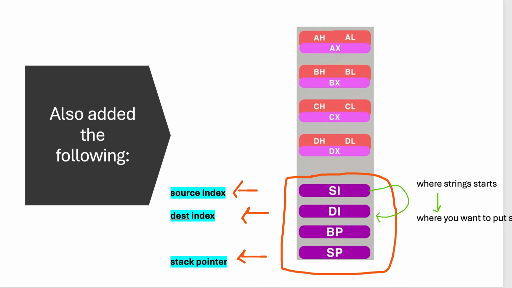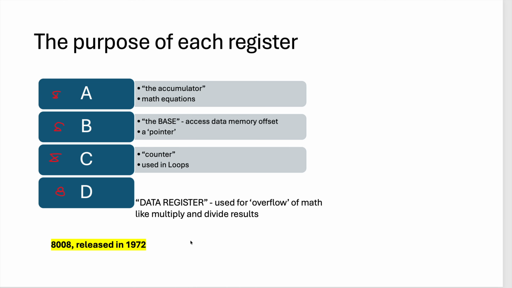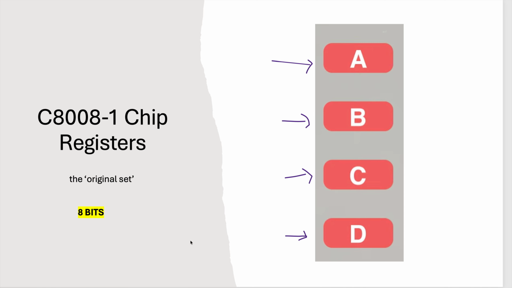And we have these other registers that it shipped with: SI, which is source index. We have DI, which is destination index. We have a base pointer, and we have the stack pointer. Just so you know, the SP or stack pointer had always been in here, even earlier, but they never referred to it officially.